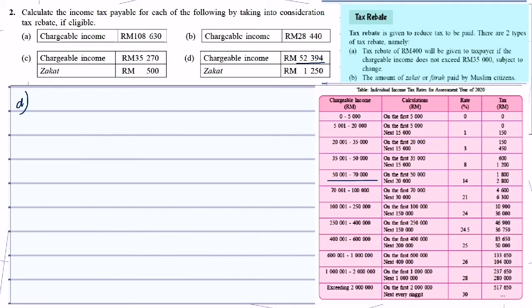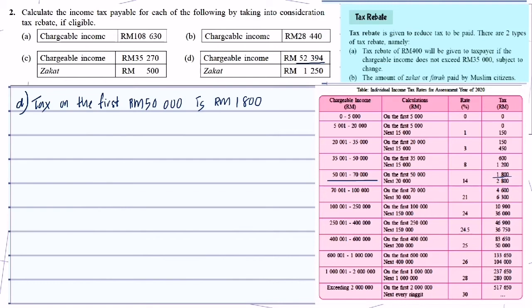The taxable income from 50,000 to 70,000. So the amount on the first 50,000 is 1,800 ringgit.